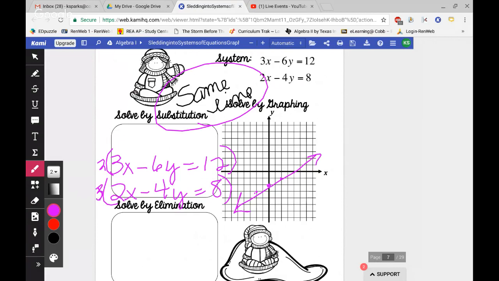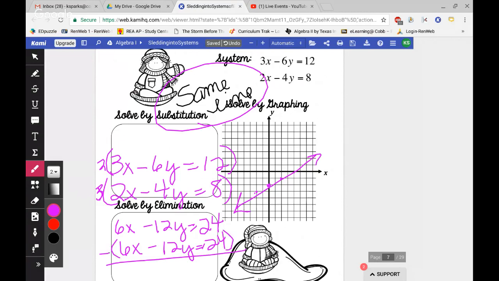So 2 times 3x is 6x, and 2 times a negative 6y is negative 12y, and 2 times 12 is 24. And 3 times 2x is 6x, and 3 times negative 4 is negative 12y, and 3 times 8 is 24. And you would subtract them, and that's going to give you 0 all the way across.